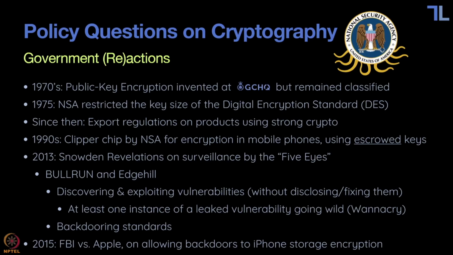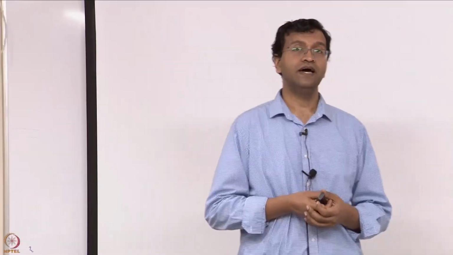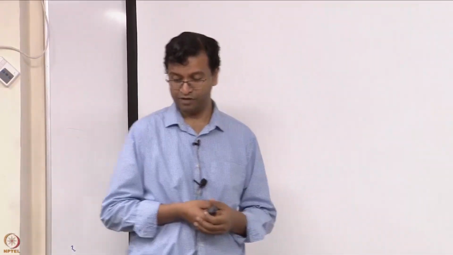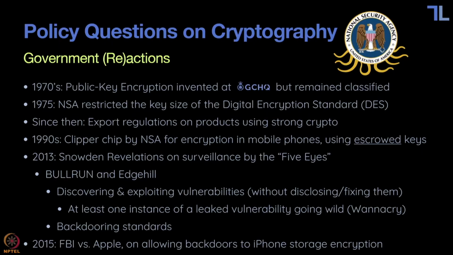The last instance I have on the slide is this tension that came up between FBI and Apple. So iPhones were confiscated from criminals, and FBI wanted to unlock their encrypted storage. They want to read it, and asked Apple to do it for them. And Apple didn't help.